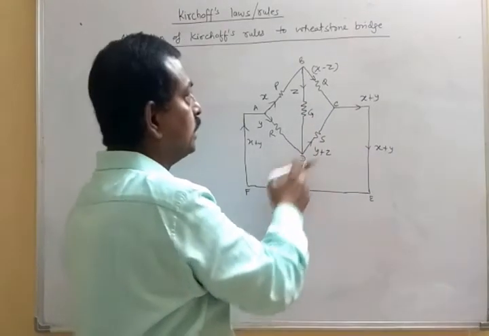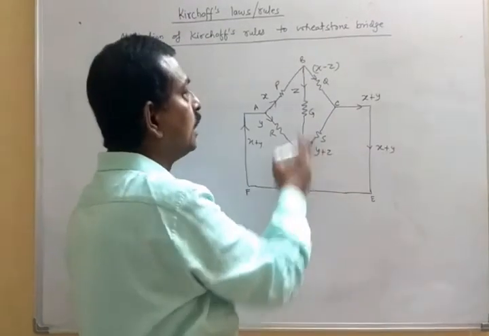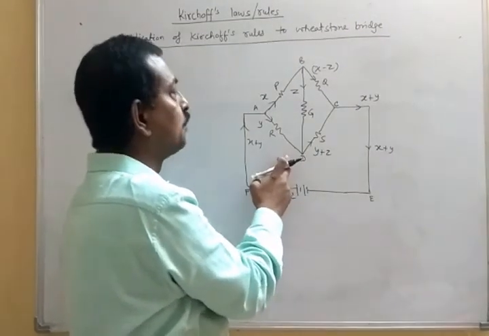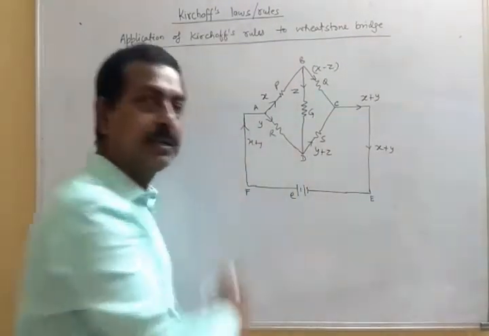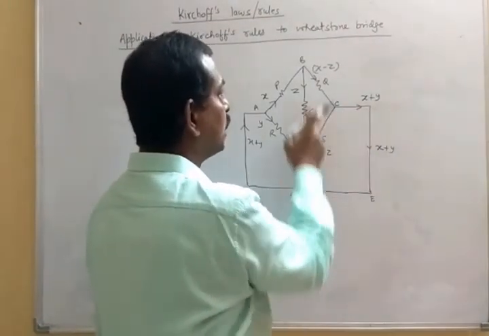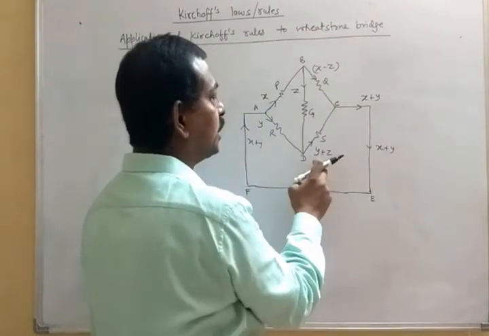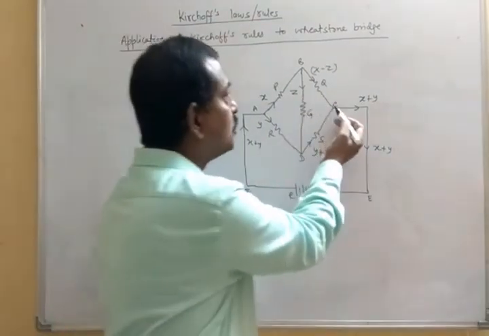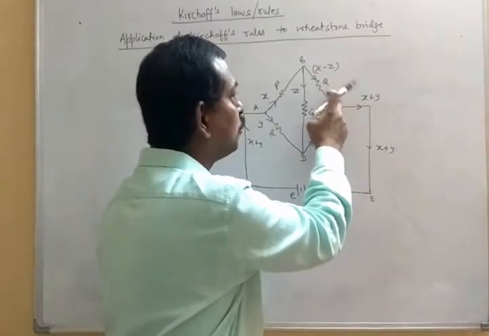At point D, from BD, it is Z current is reaching here. Through this branch AD, it is Y current reaching there. So the current through the branch BC will become Y plus Z. So it is Y plus Z. At point C, X minus Z is coming from this side.